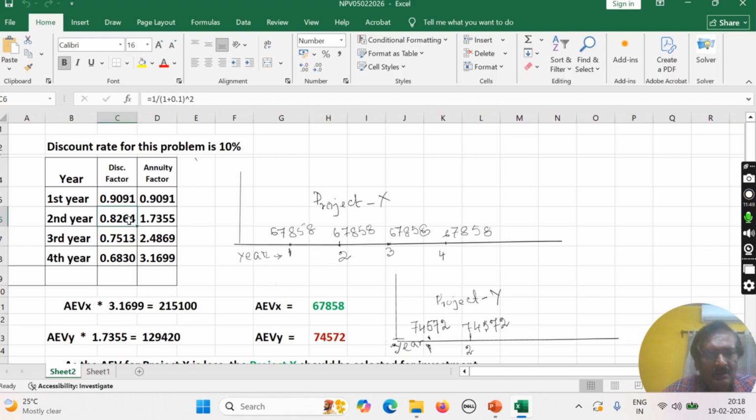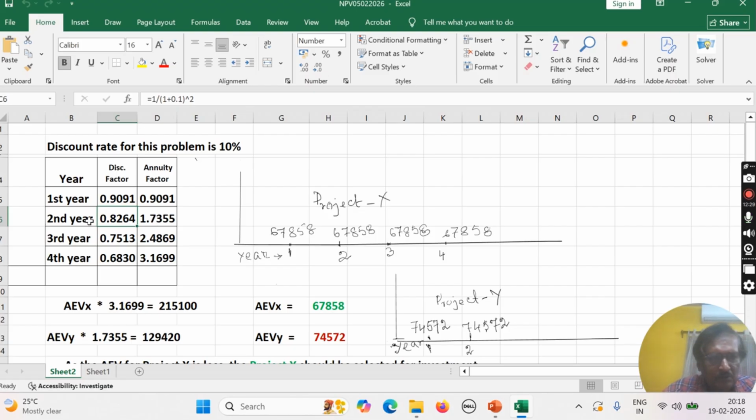The formula is 1 by 1 plus 0.1 to the power of 2, because if you multiply the amount of the second year by this discount factor, you will get the present value, and that value is this. And this is the annuity factor for 2 years. If you add this and this, then you will get this factor. That means if the amount is the same and repeated, then you can multiply that same amount by this annuity factor to get the present value.